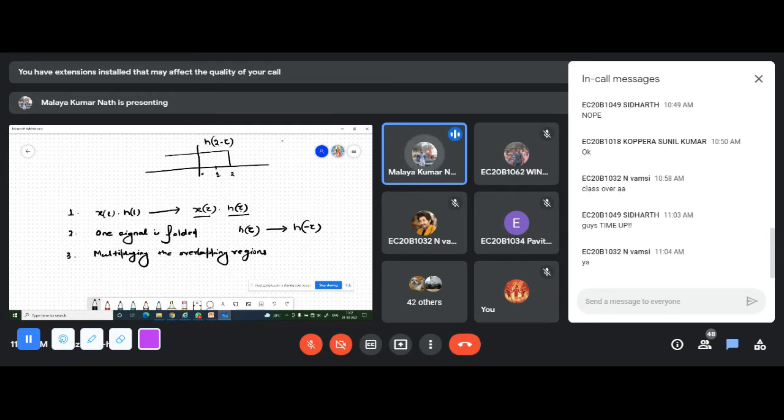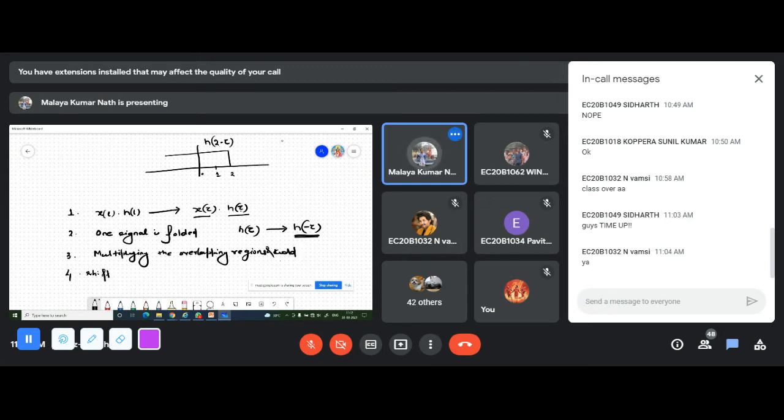So what are the overlapping regions? The overlapping regions between h of minus tau and x of tau, right? Then shift this h of minus tau, multiply the overlapping regions and add, because integration is there. So multiply and add.